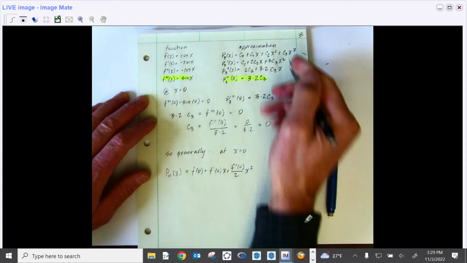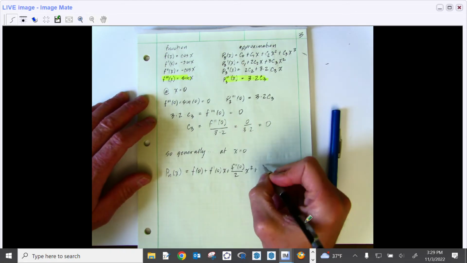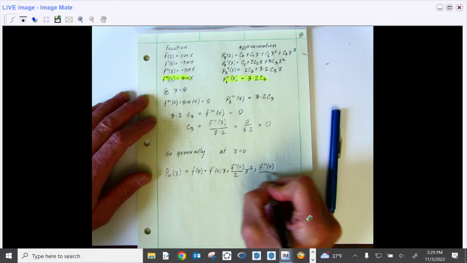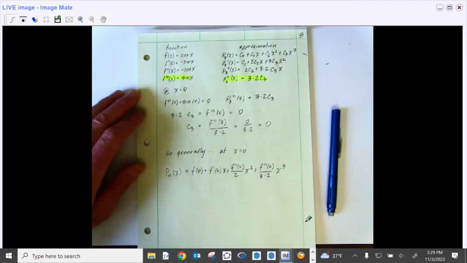And then the x cubed term is going to be f triple prime of 0 over 3 times 2 times x to the third.